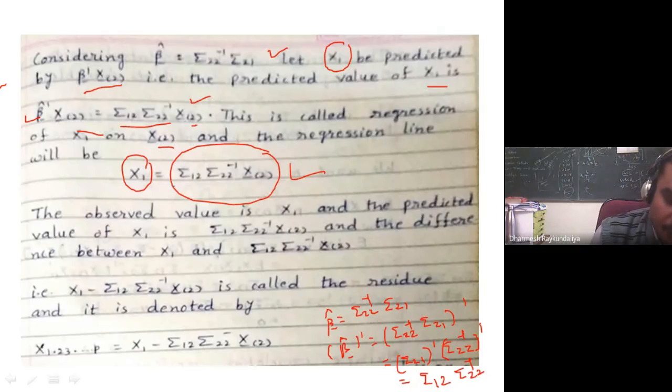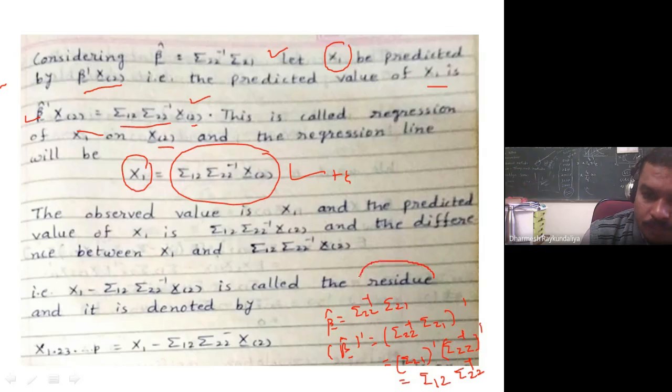And the difference between... actually गलत लिखा है, x1 on regression line x1 on x2 is given by this quantity, but यहाँ पे कुछ error term आएगा, equal to सीधा नहीं लिख सकेंगे. ठीक है. The observed value of x1 and the predicted value of x1 is ये है, and the difference between x1 and sigma 1 2 sigma 2 2 inverse x2 is called the residual.